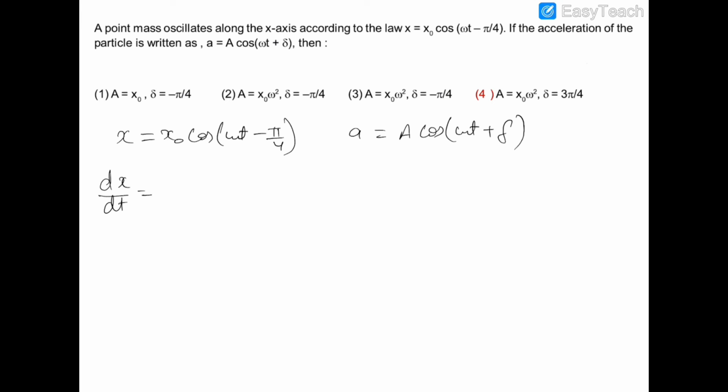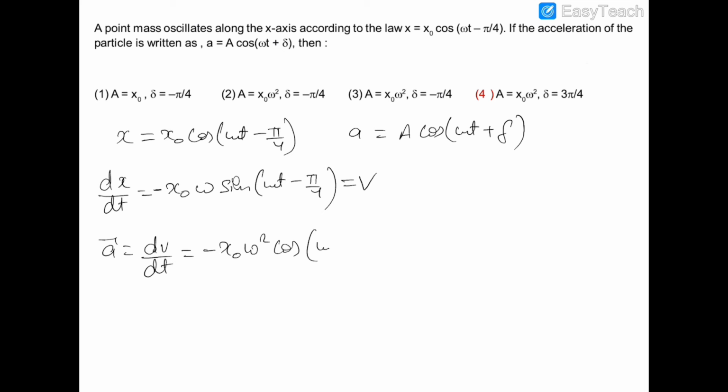So dx by dt will be x naught omega times minus sine(omega t minus pi by 4), and this dx by dt is velocity. Now the acceleration A will be equal to dv by dt, and hence dv by dt is minus x naught omega square cos(omega t minus pi by 4).